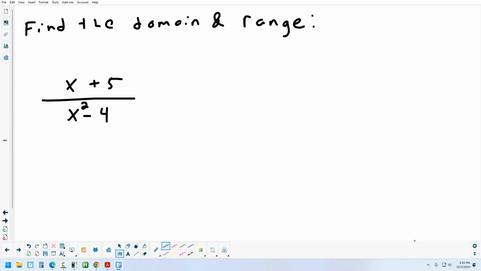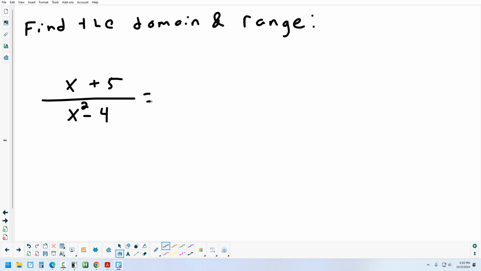All right, so this one they want us to find domain and range. So to do the domain, we just have to be careful that we don't do what in the denominator? Zero. Yeah, we don't want to divide by 0. So let's figure out what numbers would cause us to divide by 0, and then say don't use them. So set the denominator.